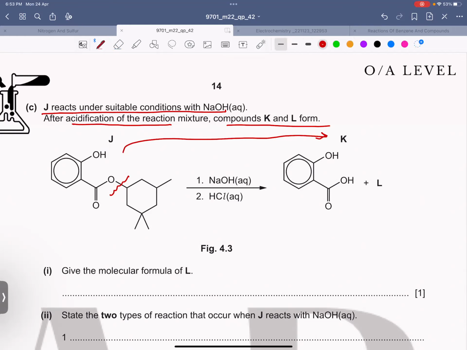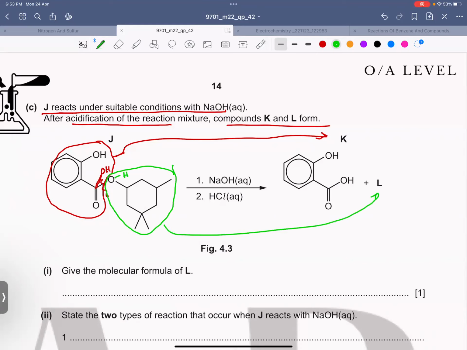Actually, the ester bond is not broken; from the ester, the bond broken is the carbon double bond O and the oxygen. So if this bond is broken, we get an OH over here, and this thing becomes K. So we are left with this whole thing, and this O is bonded to H, and that is going to be your L.